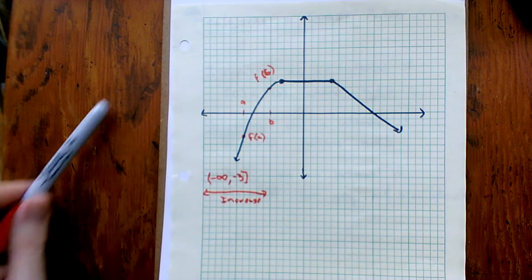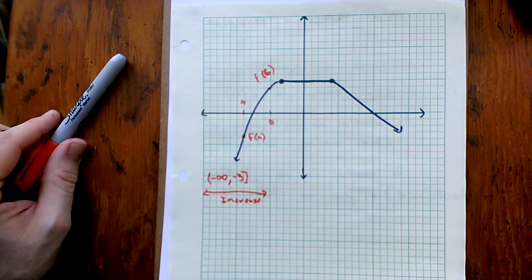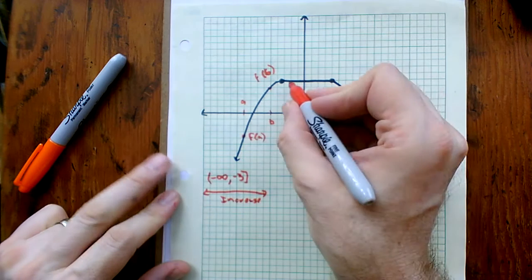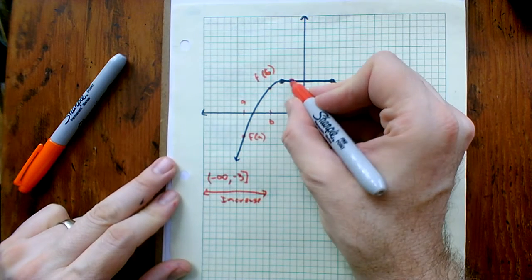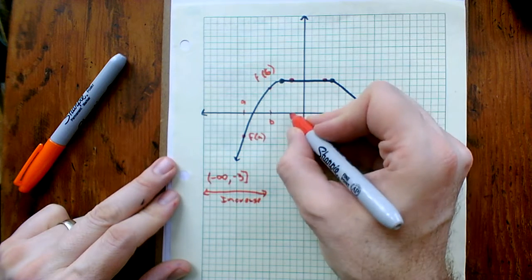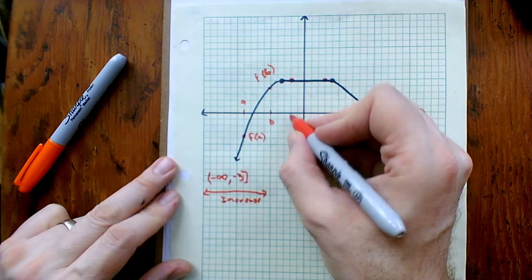Now I've got this other interval in the middle here. It looks like anywhere I choose, these 2 things are going to be constant. So I'm going to choose not a and b, but a c and d.